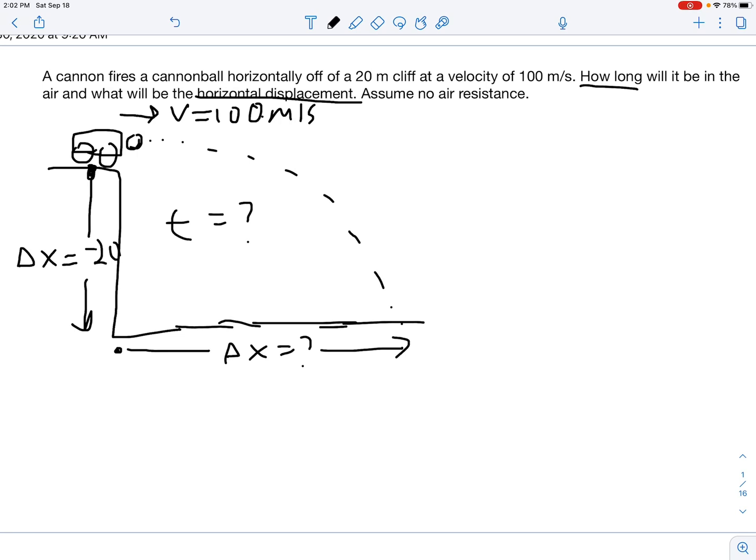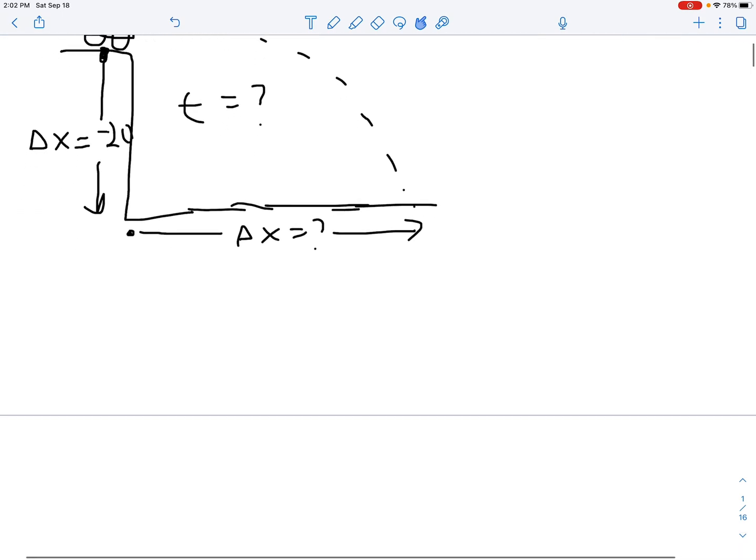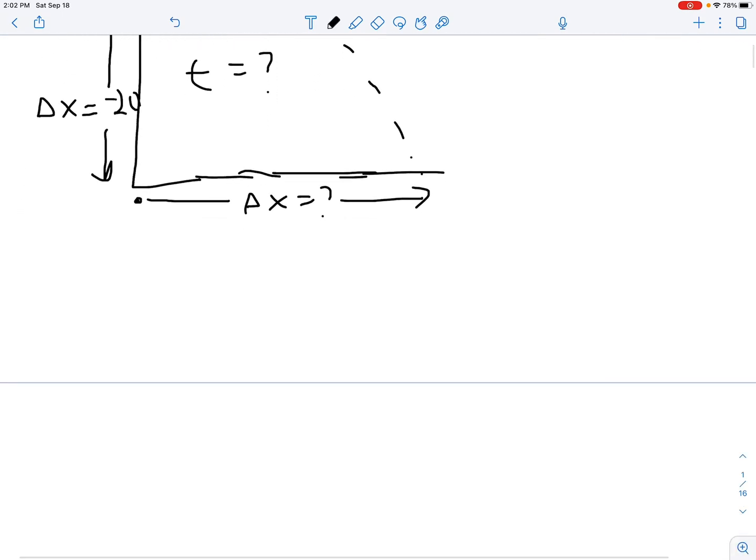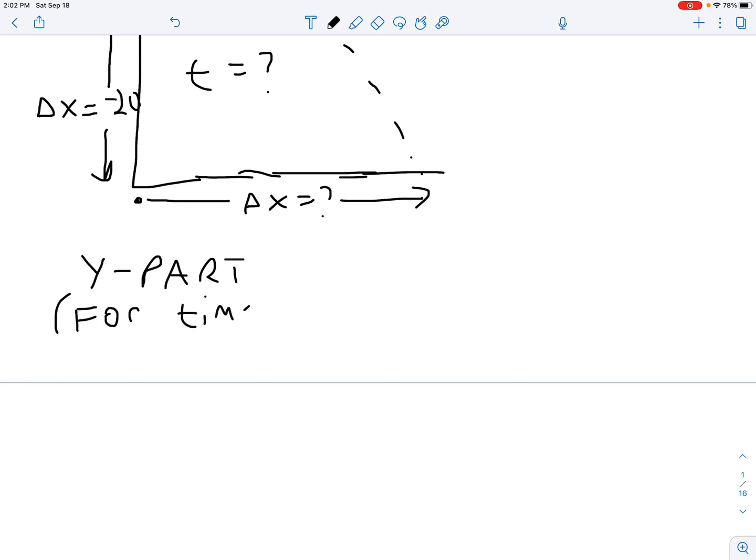Okay, so we're going to break this problem up into 2 parts, the y part and the x part. So let's start with the y part. We're doing the y part for the time.